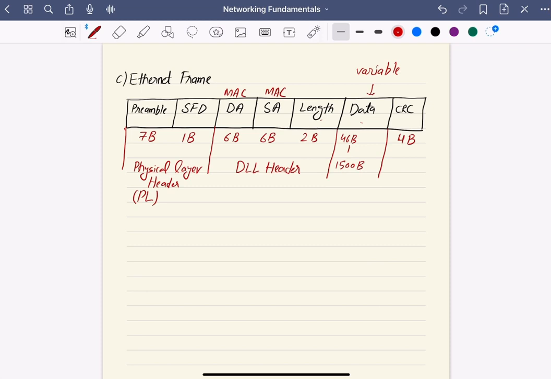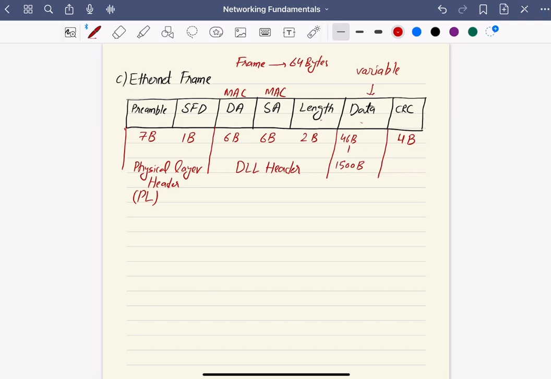It's not that you can add as much data as you want; that's the limit in Ethernet, and you cannot go beyond it. The minimum length of the Ethernet frame when it leaves the data link layer should be 64 bytes. This is the rule defined in IEEE 802.3.